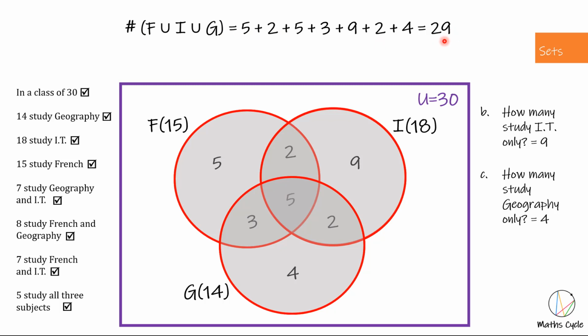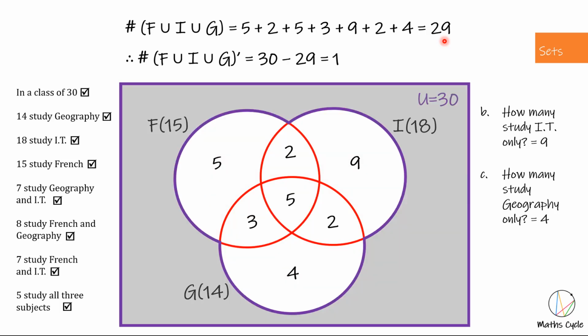So who have I not accounted for? I have not accounted for one other student. Who is not in the union of those 3 sets is the complement of those 3 sets. So the cardinal number of F union I union G complement is the 30 students in the class, take away the 29 that we accounted for, which leaves one student left over.